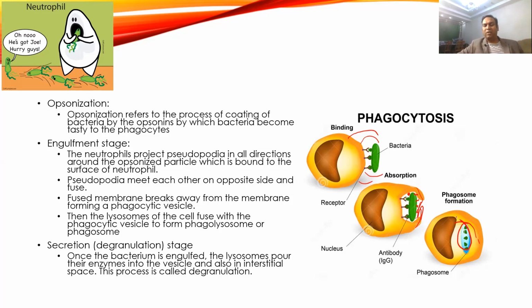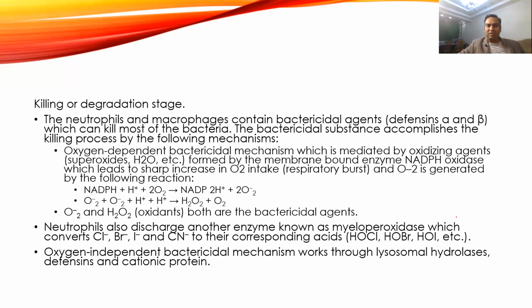This is how the inflammatory materials come into the interstitial space, and this process is called degranulation. Once degranulation occurs, all these enzymes attach to the bacteria and try to kill them.